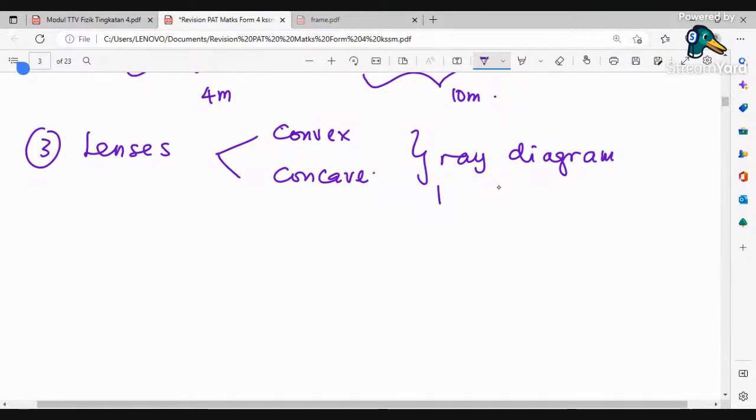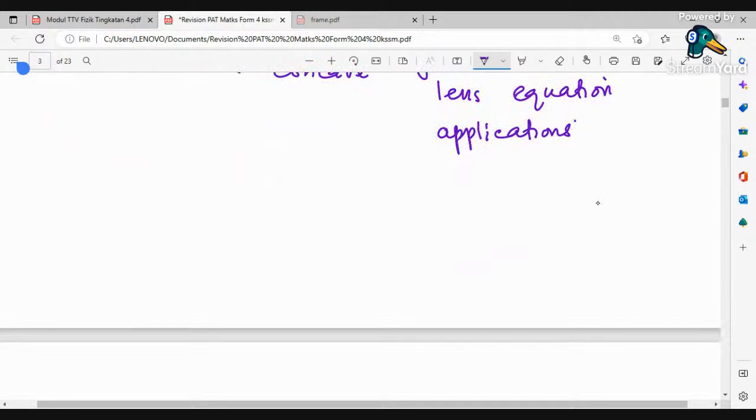And then kita ada lens equation. Okay. So ray diagram, you must know how to draw the rules for convex. Okay, semua term-term kena tahu.